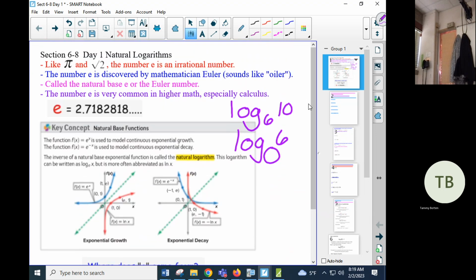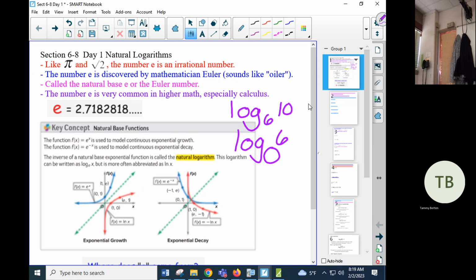What we're gonna learn today is a number in math. It is named E, and it's named after the mathematician Euler, or actually it sounds like Euler. But it's like pi, it's like the square root of 2 in that it keeps going forever. And basically, if somebody had to approximate what E was and ever put in a value for it, 2.718 is about what you would do.